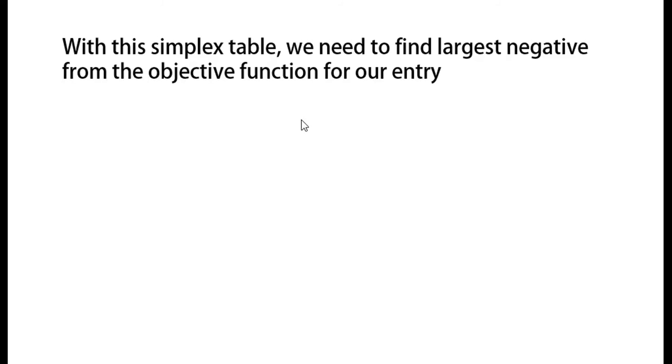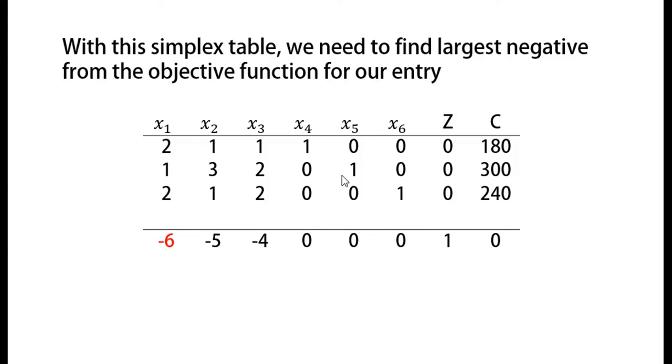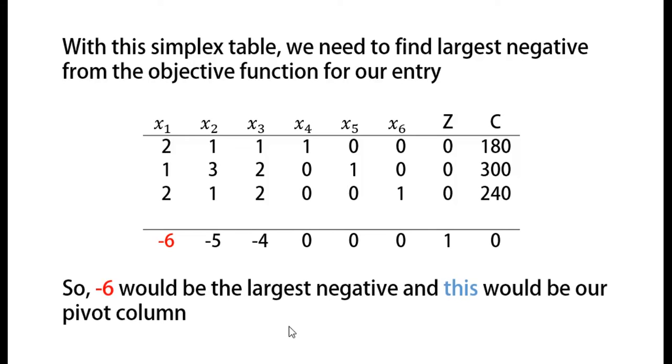By the simplex algorithm, we need to find the largest negative number from the objective function for our entry, and this would be our pivot column, since the -6 is the largest negative, and we set the column with -6 as the pivot column.